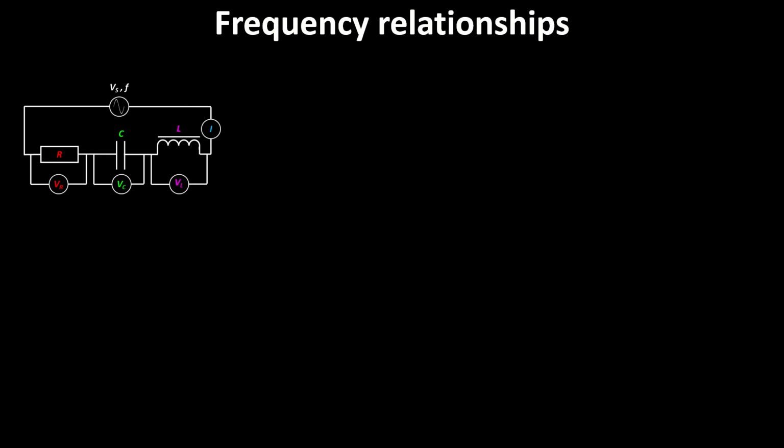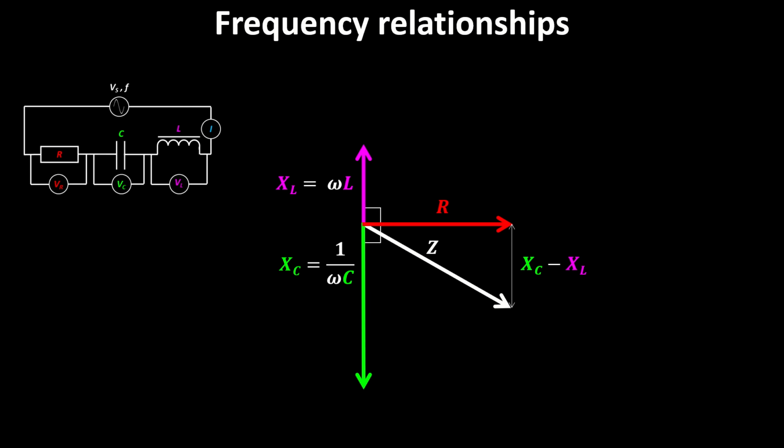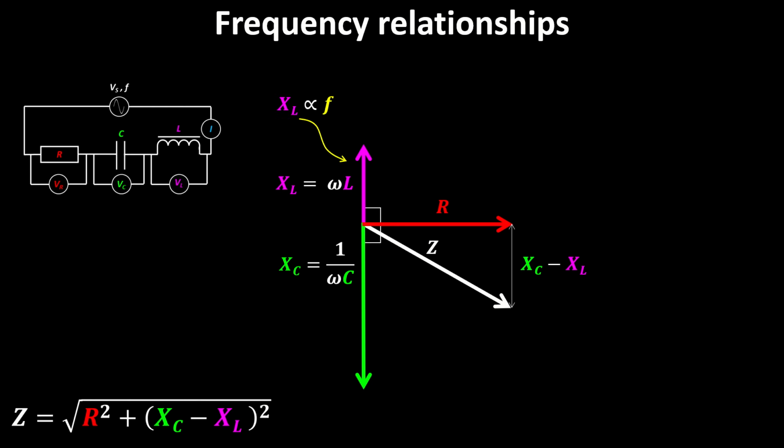So if we have a look at some frequency relationships in the circuit, if we start with that same phasor diagram, and we've got our impedance we were just talking about, the important things here are that the inductor reactance is proportional to frequency. If you have a higher frequency, you get a greater rate of change of current, so you get a larger induced back EMF and you get a larger reactance.